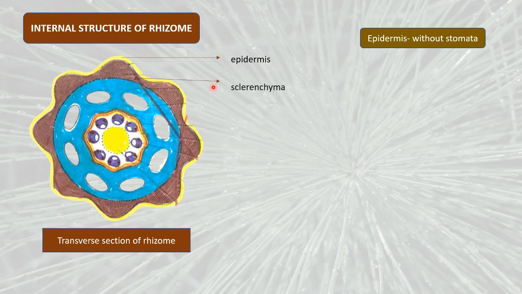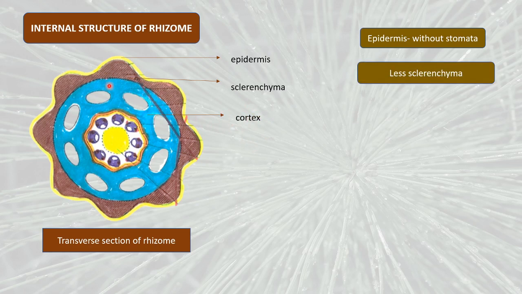Then there is sclerenchyma layer present, the same way as it was present in the internal structure of aerial shoot. This is for mechanical support. There is cortex region present, that is the parenchyma region present, but you can see that there is one thing missing, that is chlorenchyma, right? I had told that the aerial shoot comprises of two types of cells, sclerenchyma and chlorenchyma, but this is not aerial shoot, this is rhizome.